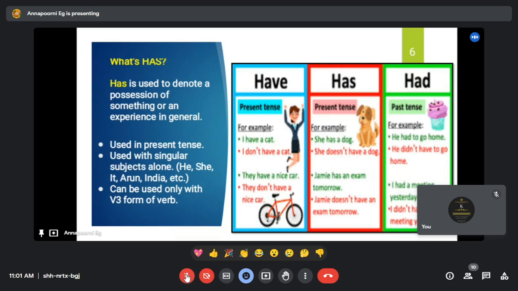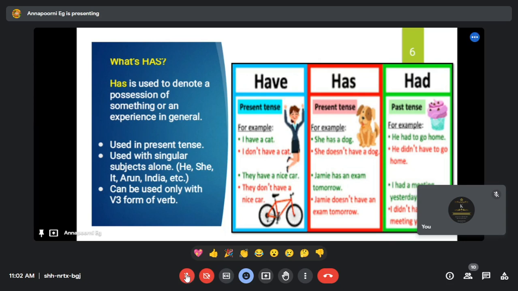I can say 10 years or 5 years, that depends on your profession. So experiences can also be expressed using auxiliary verbs like has, have, and had. Coming to the features of has, has is having some qualities.